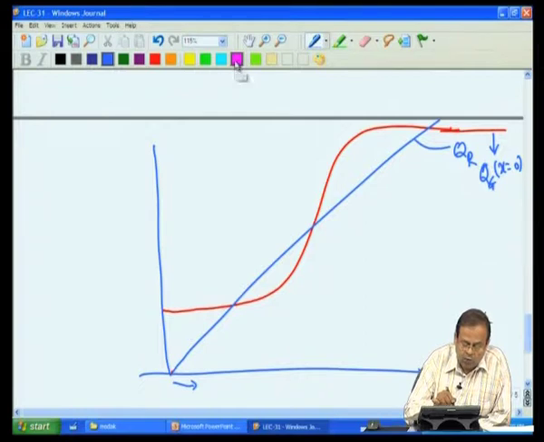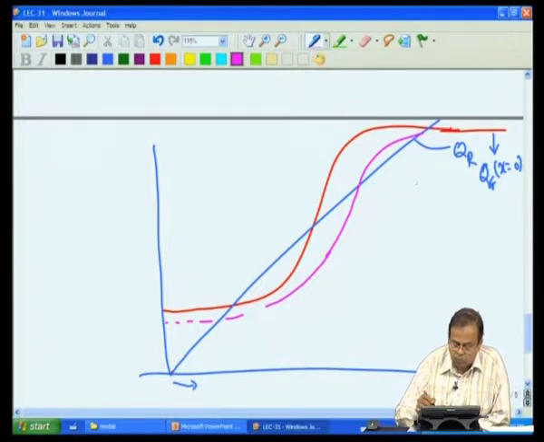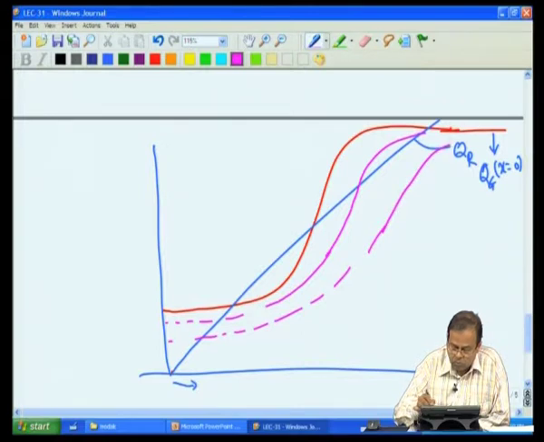So, what I am now going to do is draw progressively lines with, okay.